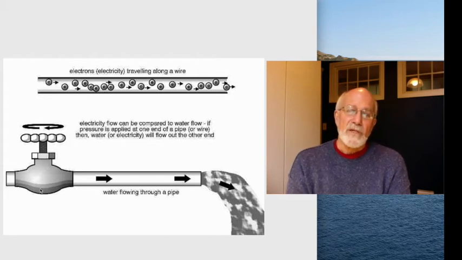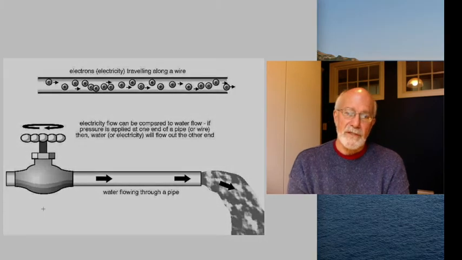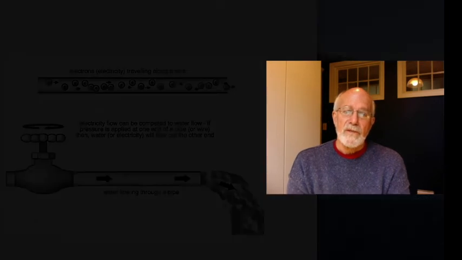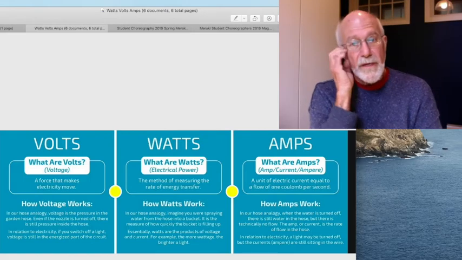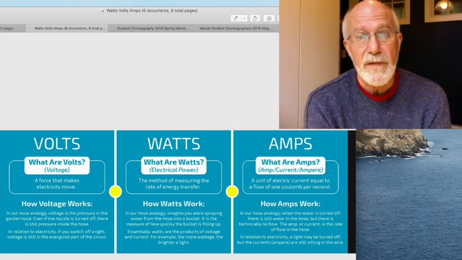And so you've got the pressure behind the current, you've got the amount flowing at a given instant. So when you grasp that very rough basic concept, then we can look at the three measurements that this translates to in electricity.